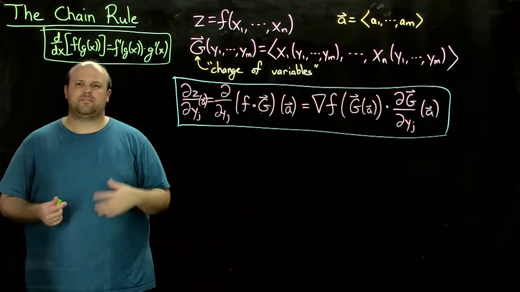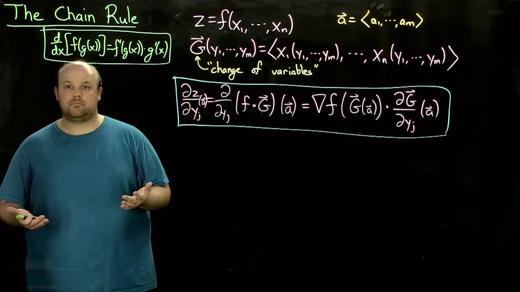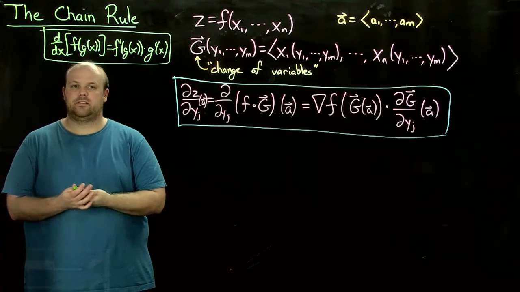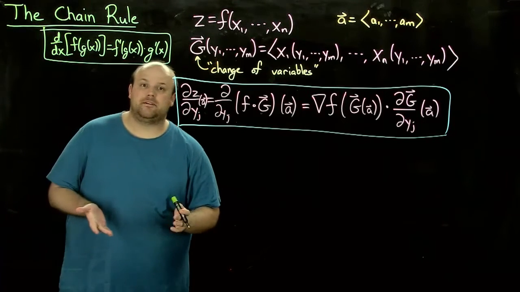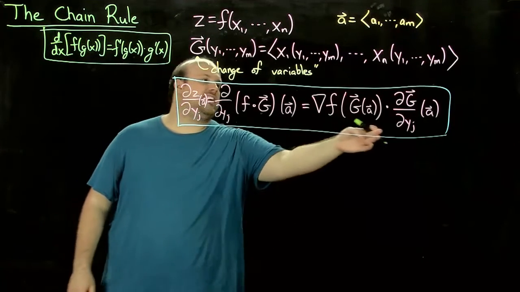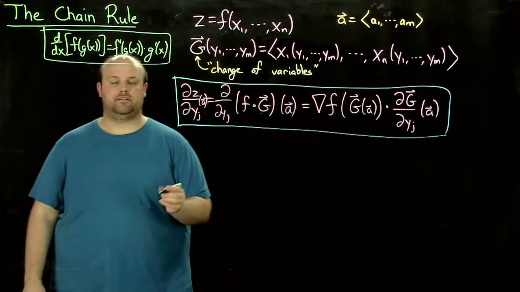Well, the partial derivative of one of these functions is actually pretty straightforward and simple. In case you haven't figured it out, you just take the partial derivative of each piece of it.